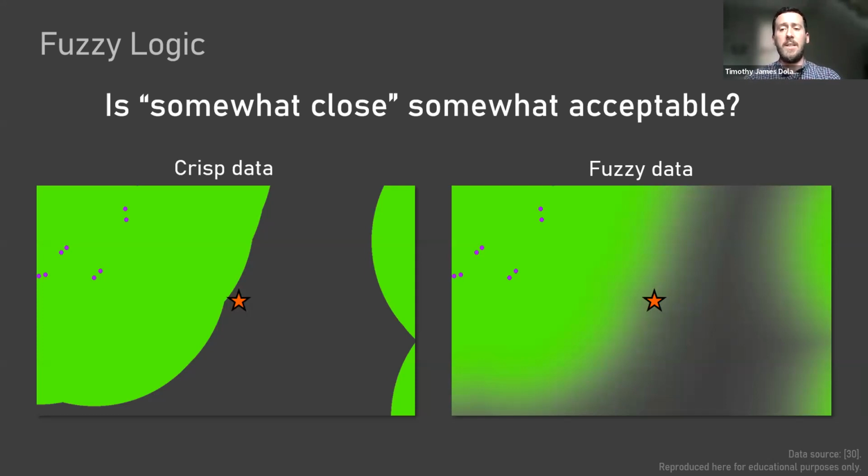Fuzzy logic and the fuzzy data within it allow us to explore and include the edge areas, especially since the boundaries may be arbitrary anyway. Turning the crisp data into the fuzzy data on the right, we see the star's possible membership in at least one of the green areas. Pretending the points are bus stops and the green area is a walk shed, could the star be just enough steps away to be close enough for consideration?